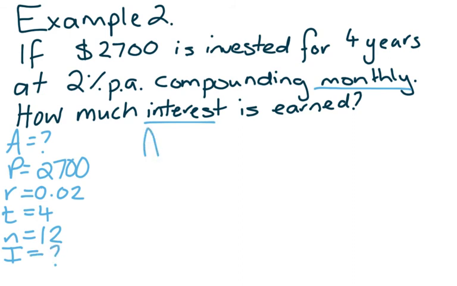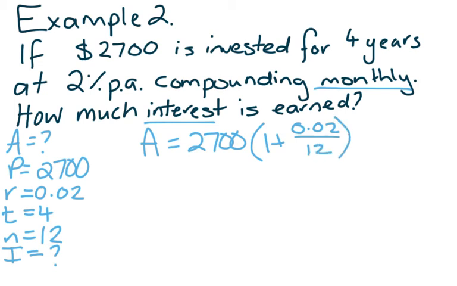Then we put into our formula 2,700 times (1 plus 0.02 over 12) to the power of 12 times 4, which gives you $2,924.68.